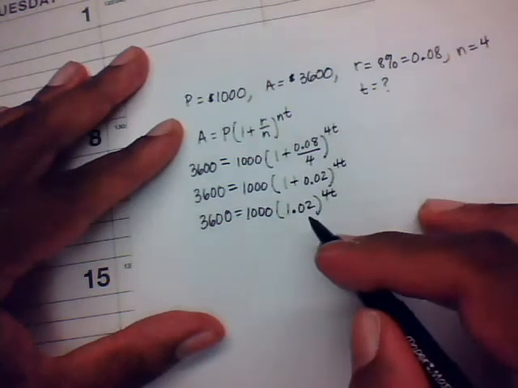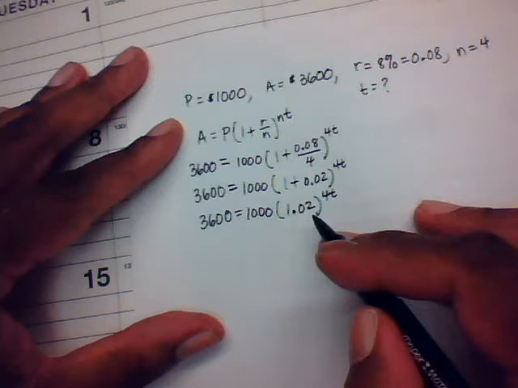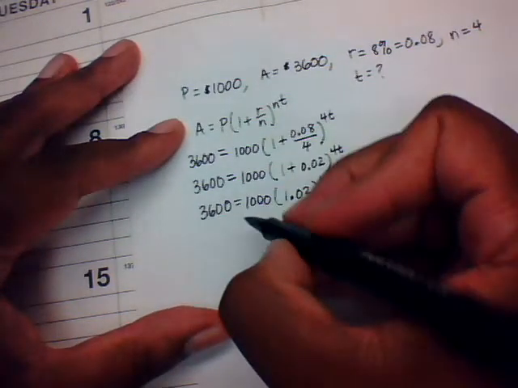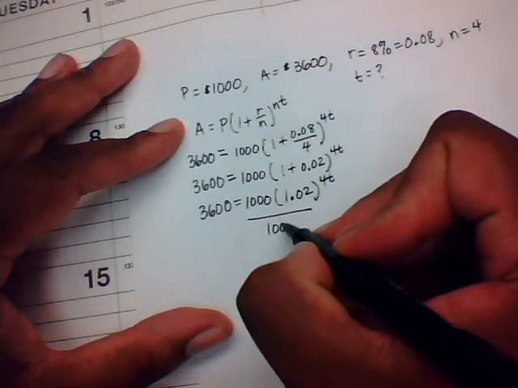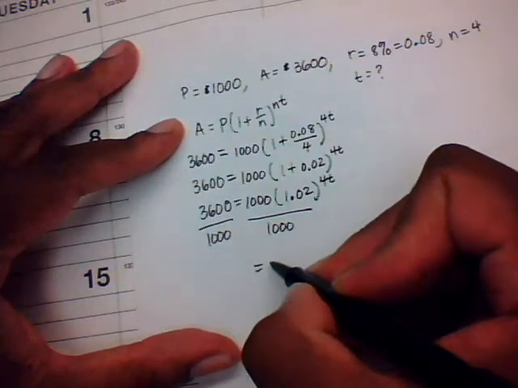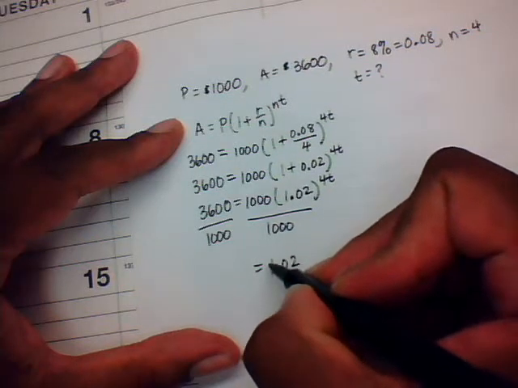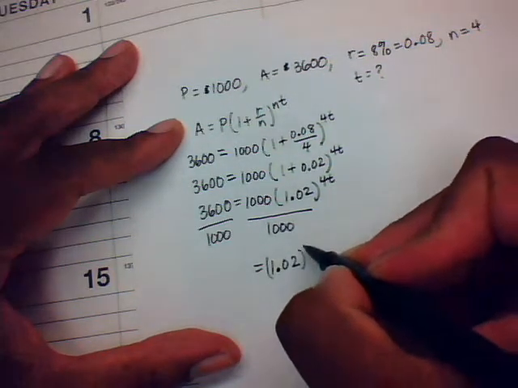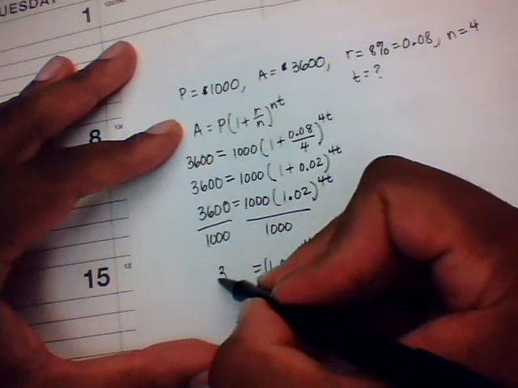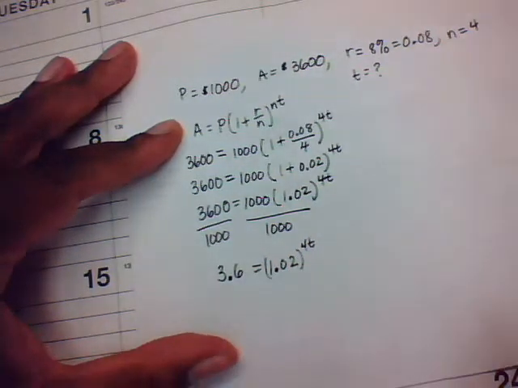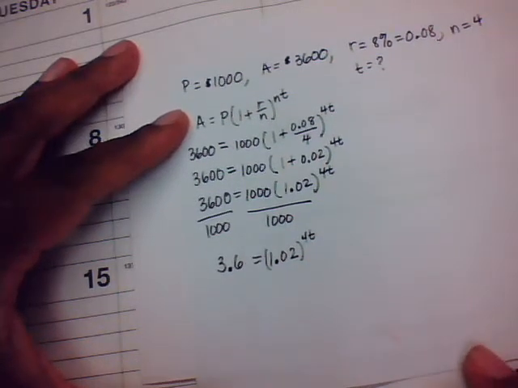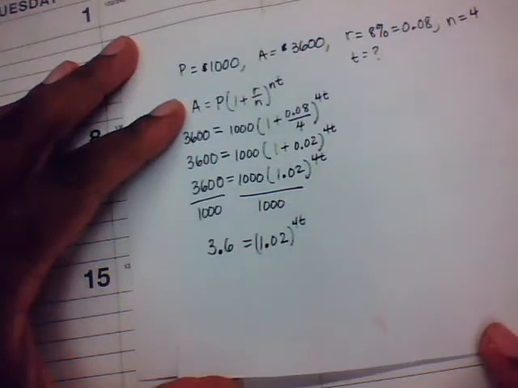Now we need to get the 1.02 to the 4t by itself. It's being multiplied by 1,000, so let's divide both sides by 1,000. So 1.02 to the 4t will be 3.6.